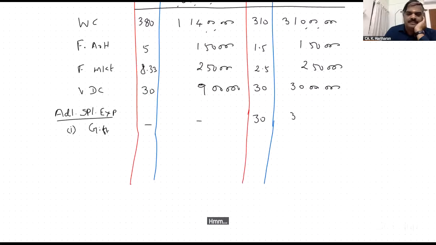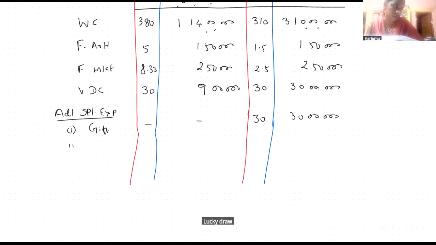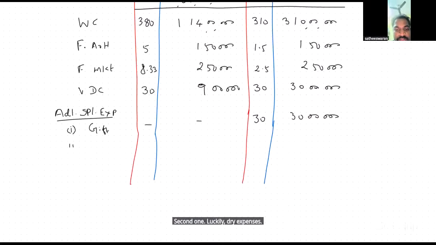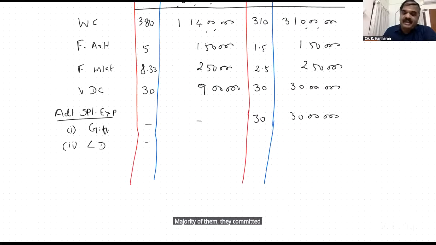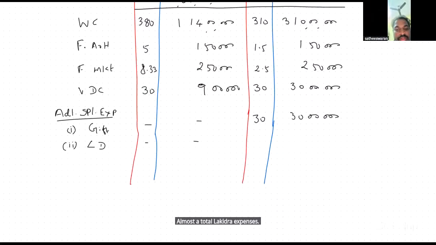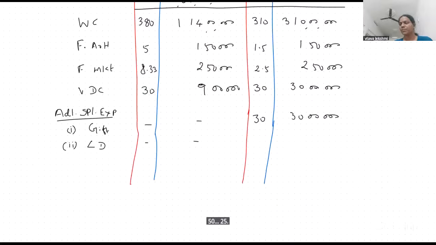Second one, lucky draw expenses. First prize. Majority of them committed the mistake in the exam on the lucky draw expenses. Here also you'll see how many of them are going to tell the correct answer. How much are the total lucky draw expenses? 50,000, 25,000, 10,000.